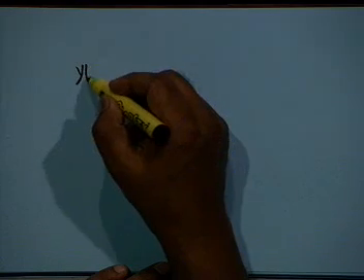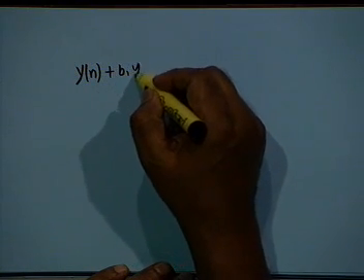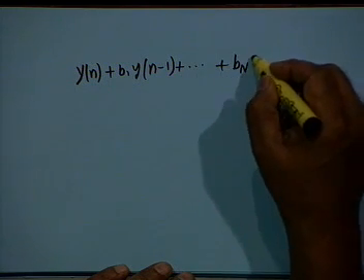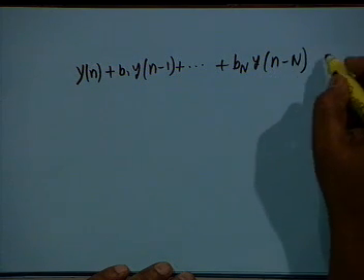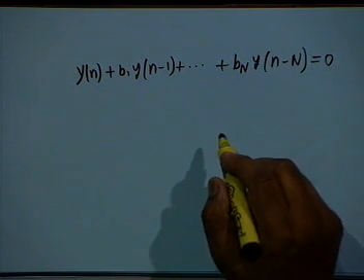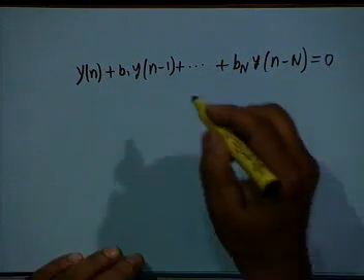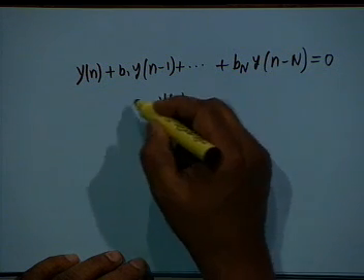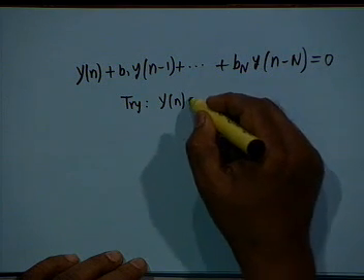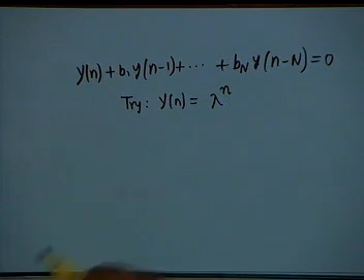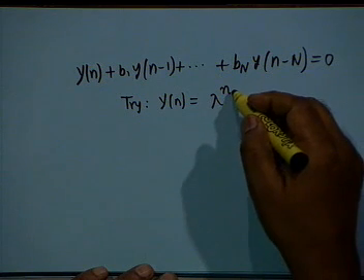The constants appear like this. If you have an equation like y of n plus b1 y of n minus 1 plus etc. plus bN y of n minus capital N equal to 0, then the complementary function is obtained by trying a solution of the form y of n equal to lambda to the power n, some quantity raised to the power n. N is the variable.